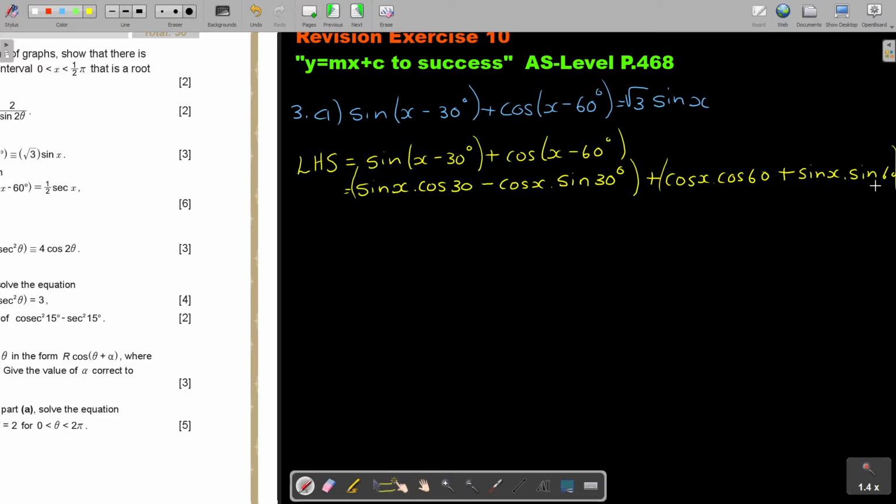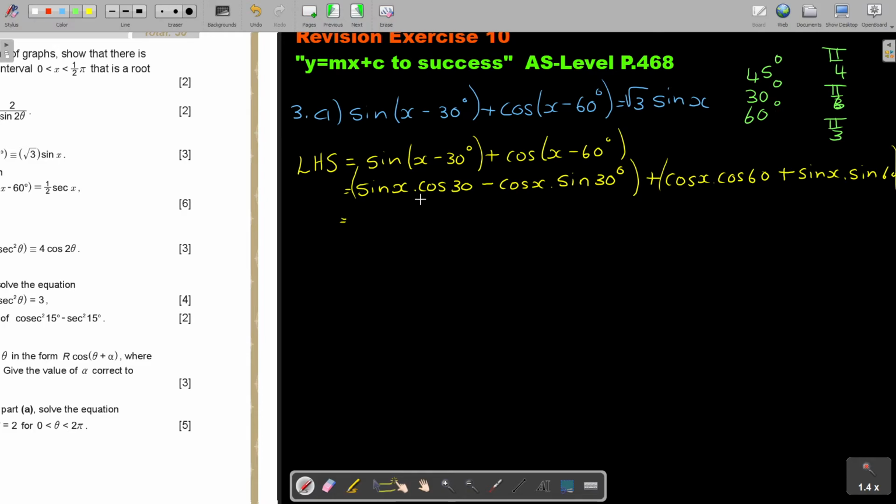Okay, now this is very, very important. When you come to this, always remember this. When you see, doesn't matter sin, cos or tan, a 45 degrees, or a 30 degrees, or a 60 degrees, or pi over 4, or pi over 6, or pi over 3, you must always go to your special angles and put values in there.